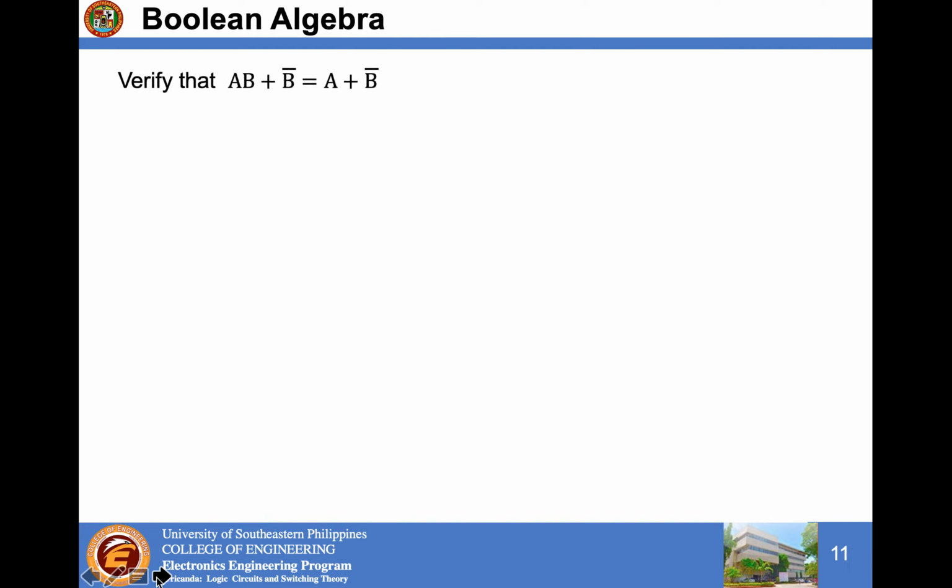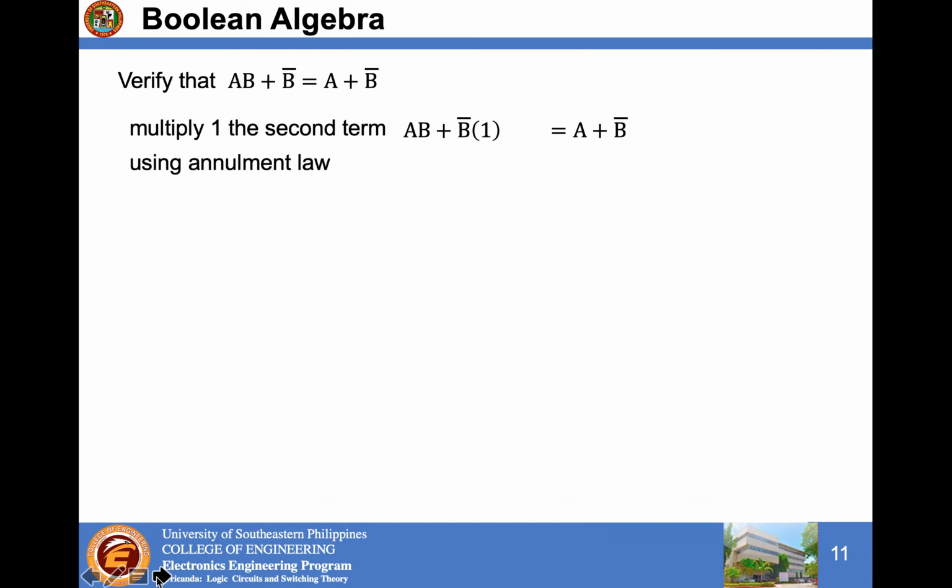Another one, if we have to verify that A and B or B bar is equivalent to A or B bar. First, we have to multiply 1 in the second term of the equation. So that is AB or B bar times 1 or A and 1.